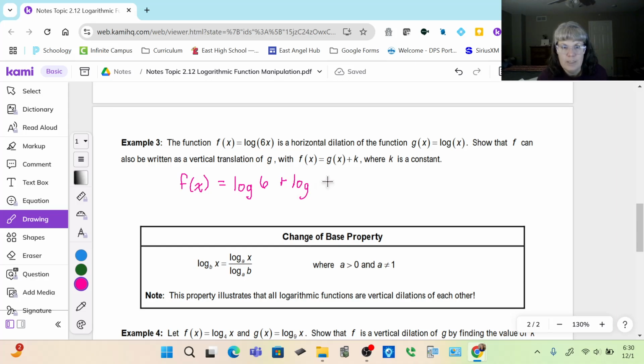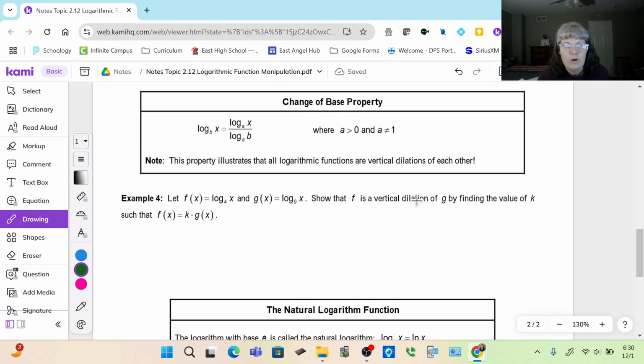And they didn't give me a base, so I know this is a common logarithm. And when I look at this, g of x is log x. So I have my g of x expression that I need, and then plus k. What that means is this log 6 is my constant k that I would translate in a positive direction log 6 units. I can put that in my calculator and get a decimal approximation.